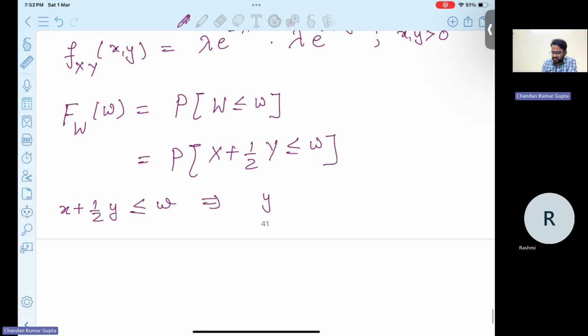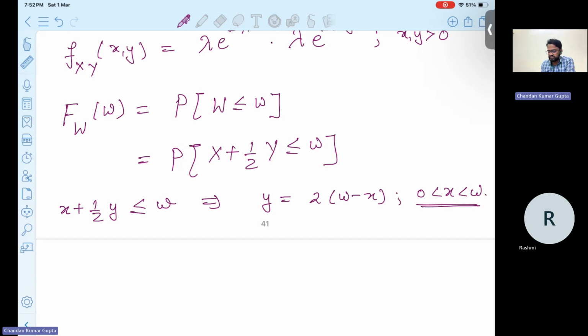This implies y equals twice of (w minus x), for x lying between 0 and w. Here the value of x lies between 0 and w because X and Y are both exponentially distributed, so w minus x should also be positive so that y is always greater than 0.